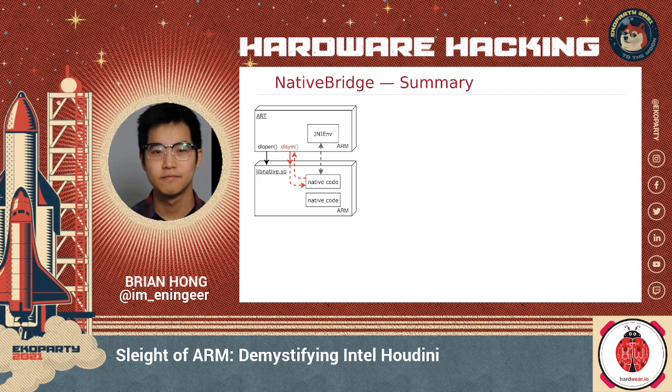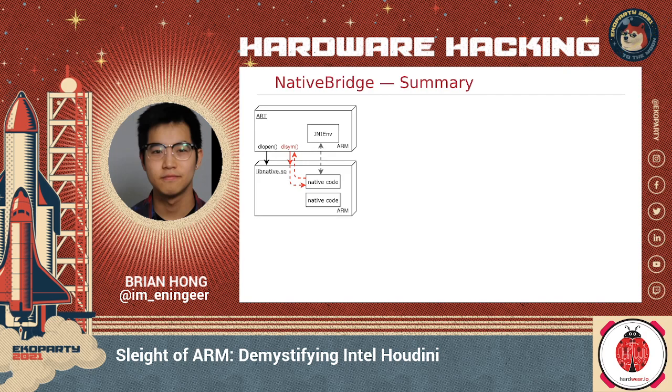So that triggers the Android runtime to dlopen our native library, libnative.so, and then when our Java code wants to call it, it first does a dlsym, which returns a function pointer to our native code, and then jumps to it, and the Android runtime passes in the pointer to JNIEnv when it does the actual function call.